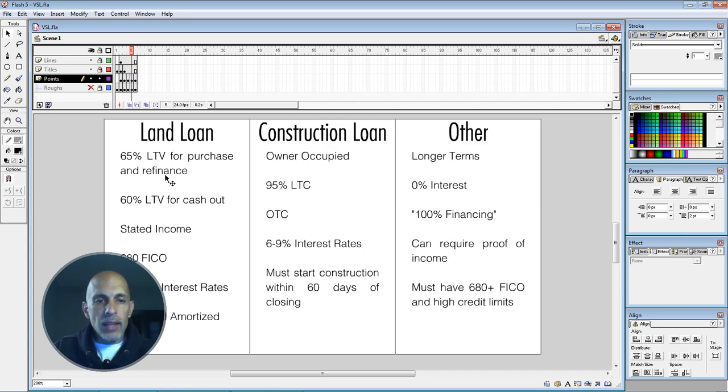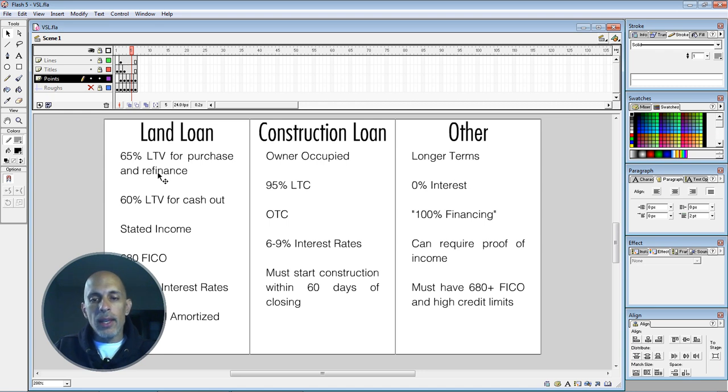So with land loans for purchase, as a direct lender, this is what I can do in-house. I can go up to 65% of the purchase price or value when purchasing or refinancing. So let's say a property costs $1 million. I can provide up to 65% or $650,000 for that purchase.